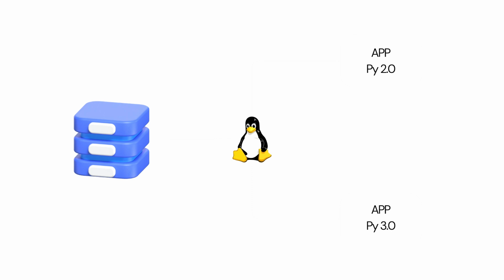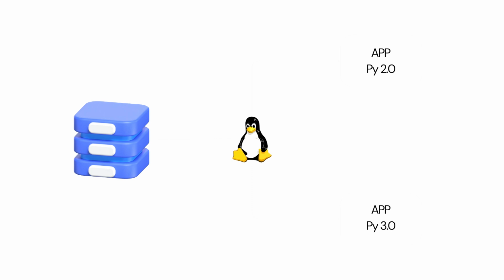Therefore when you install Python 2, it is installed globally. Therefore your second app, which supports Python 3, will not work, because it is not using Python 2, but your operating system is providing Python 2. If you upgrade to Python 3, your previous application won't work. This is the thing for which the cloud was introduced.